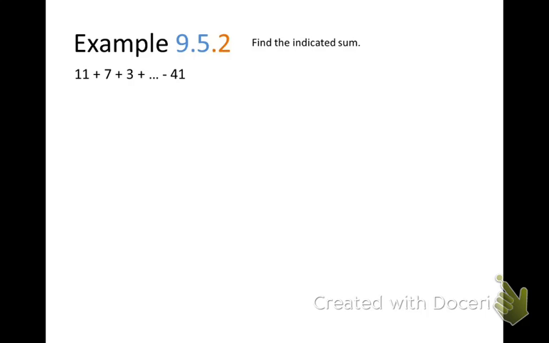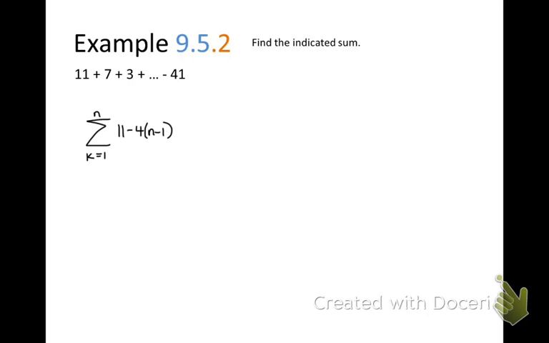So to find the sum for this thing, since it's arithmetic, I just need to plug it into the formula. K going from 1 to n, but I don't know what n is yet, so I'm going to hold off on that. And then I have to write my formula for this. So my formula for this arithmetic sequence is 11 minus 4 times n minus 1.